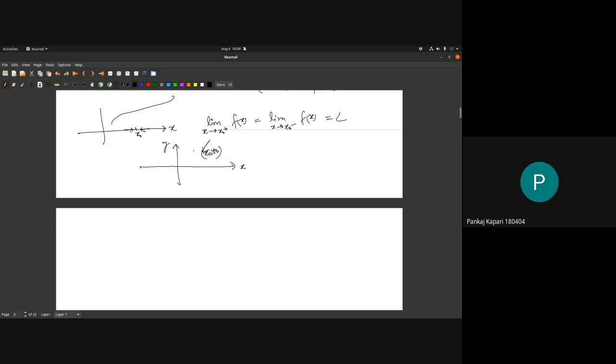If this limit exists, then it should be the same when you approach this point from anywhere. So if we are able to show that there exist two paths in the xy plane, and when you approach through those two paths those limits are different, then the limit does not exist, right? Because if it exists, then it has to be the same.